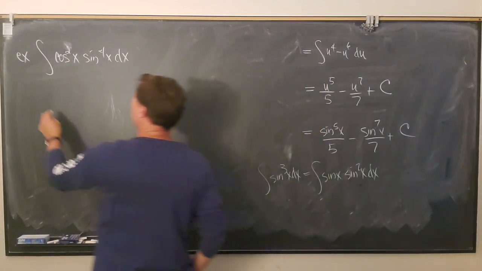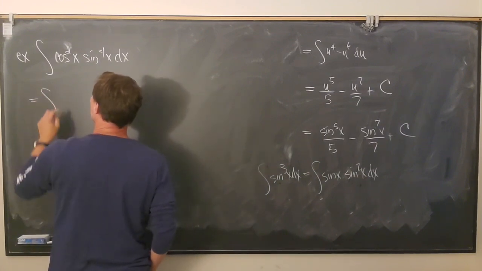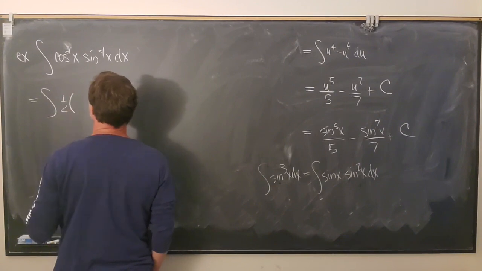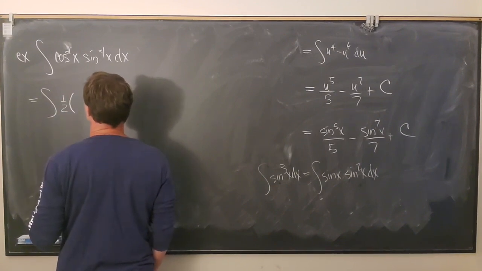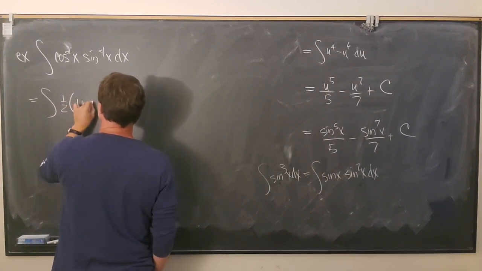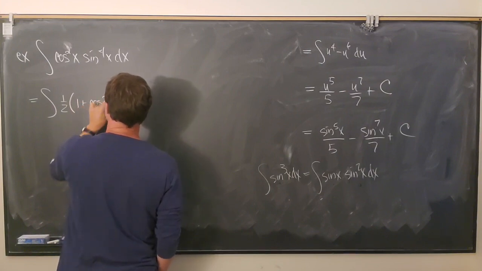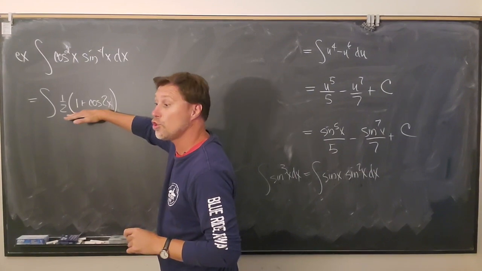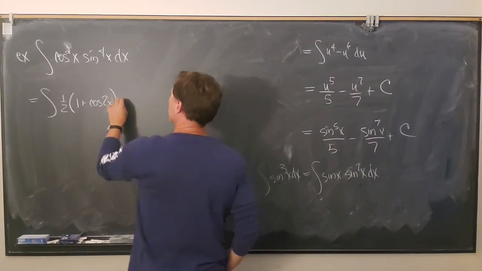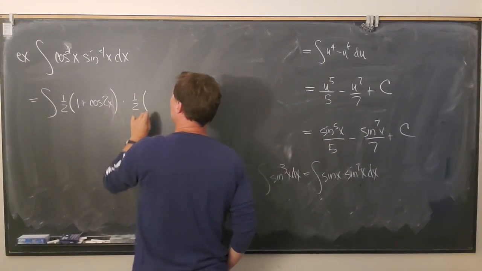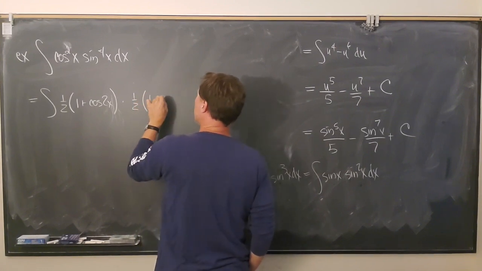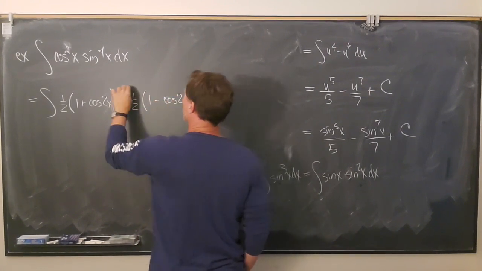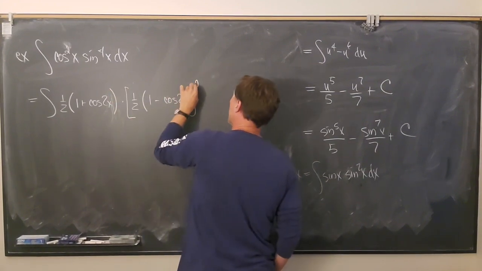And so what this becomes is 1/2 times 1 plus cosine 2x. That's applying identity 2 right here. And then we will also have 1/2 times 1 minus cosine 2x, all of that squared, dx.